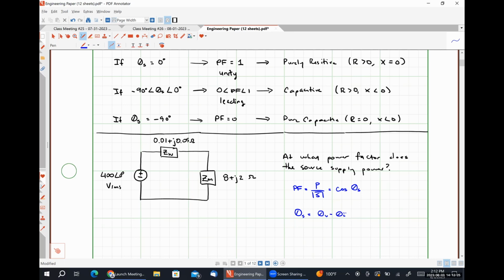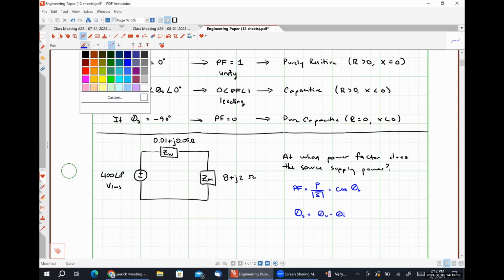So for a problem like this, if I wanted to calculate the power factor at which the source is supplying power, I personally would choose to determine the complex power supplied by the source and then use the polar representation of that complex power to give me my power factor angle, and I'll simply take the cosine of that in order to determine my power factor.